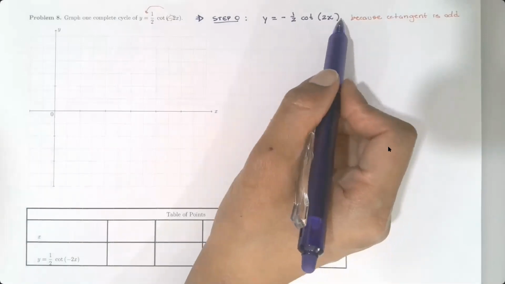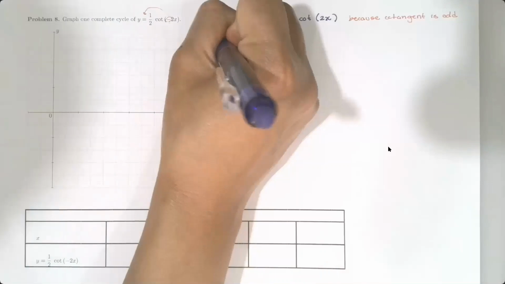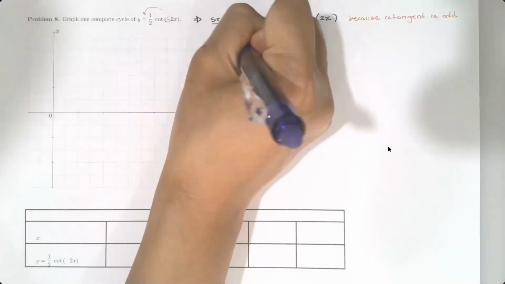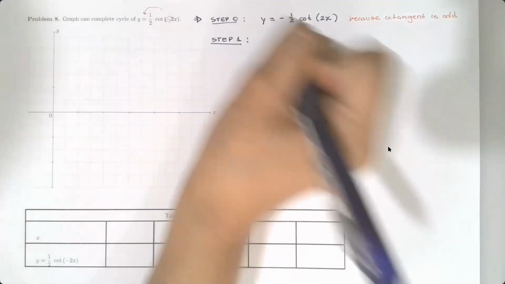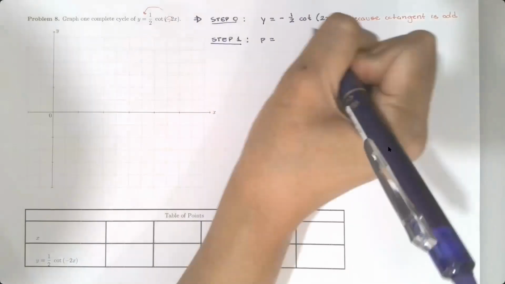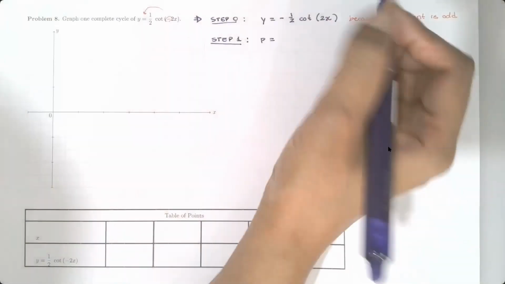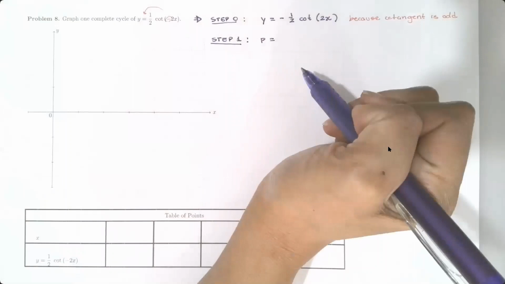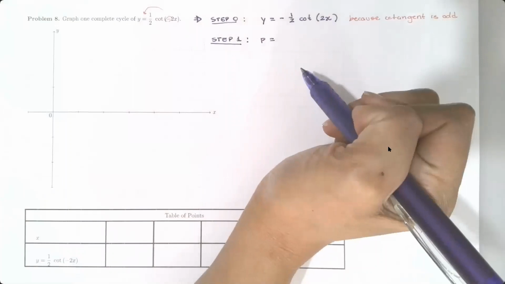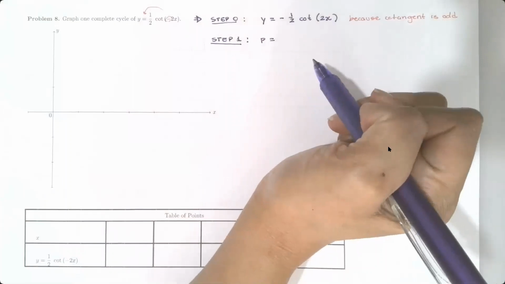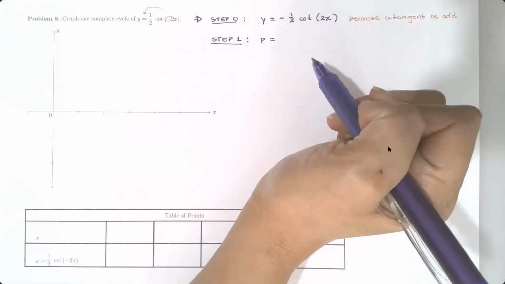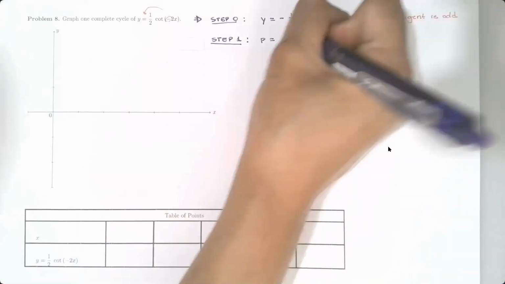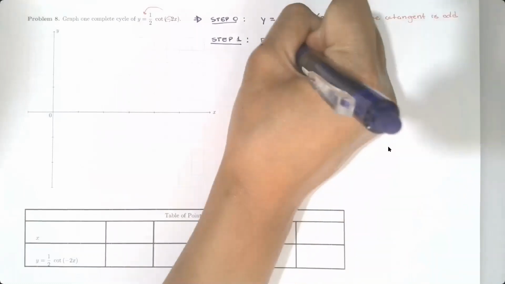Then the next step, and this is the first time that we were doing it with cotangent, so this is something I want to pay special emphasis on. Normally, the period for sine, cosine, secant, cosecant is 2 pi over b, but for cotangent and tangent, the period is just pi over b.